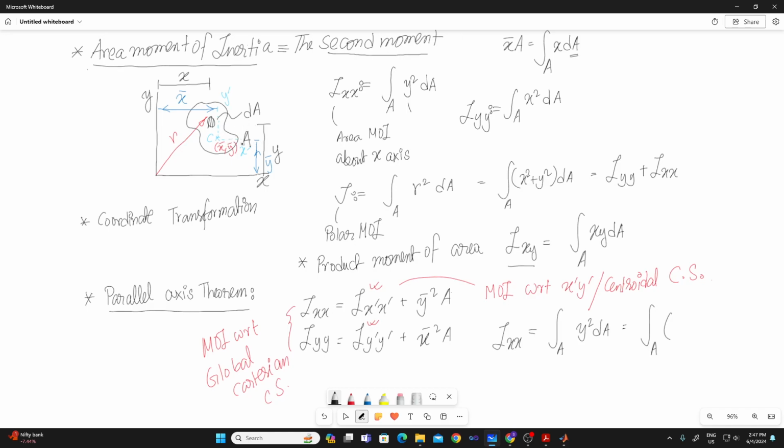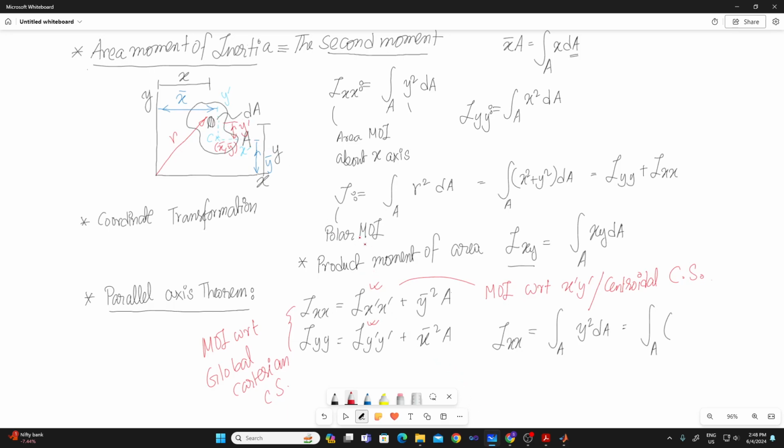So if x prime is the centroidal x axis, the coordinate y prime is actually the distance from x prime. Okay, so now let's say this is the distance y prime, from the centroidal x axis, that is the x prime axis, from which you measure the distance of the differential area, perpendicular to x prime.